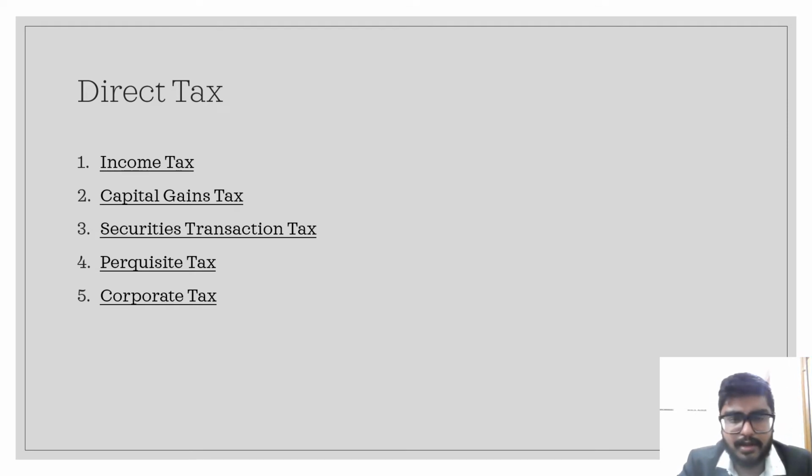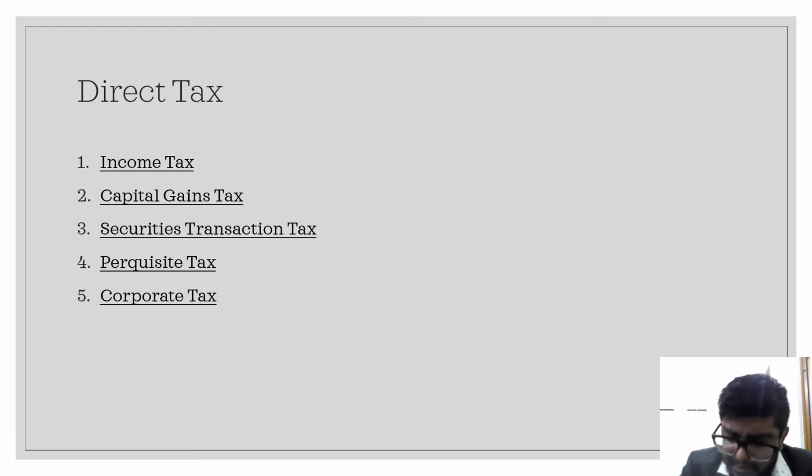Suppose when you work at a company, you get various perks such as a car, a house, health insurance, etc. Suppose one of these perks is the car, and the tax levied upon the car will depend upon how you use it and how the company acquired it, etc. If you use the car for official purposes as well as personal purposes, then only the portion used for personal purposes can be taxed, as the rest is for official purposes and cannot be taxed.